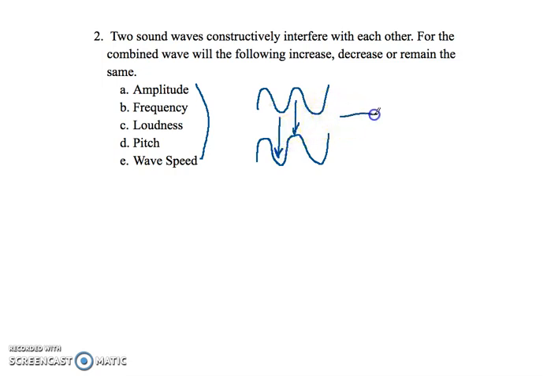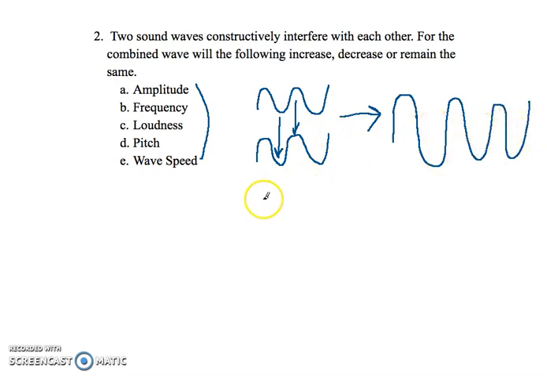If two waves constructively interfere, you're going to get a new wave that looks the same as the other two, except it's going to be larger. I'm exaggerating the scale a little bit, but that's the idea. You're going to get a new higher amplitude wave.